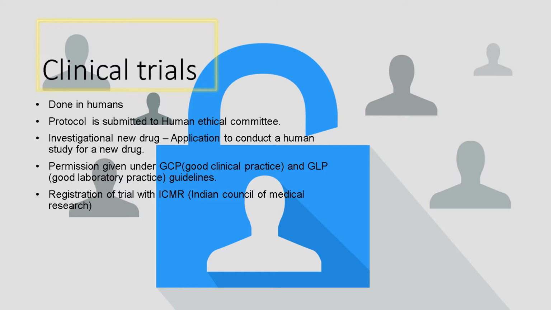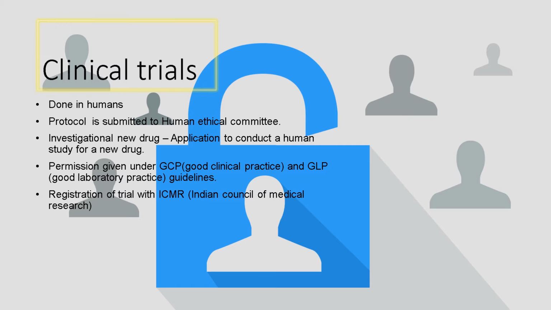And the registration of the trial is done with the ICMR, Indian Council of Medical Research. So you register the trial. First, you give an application of investigation to the Human Ethical Committee, and they give permission based on your good clinical practice and laboratory practice guidelines, and you have to register it.